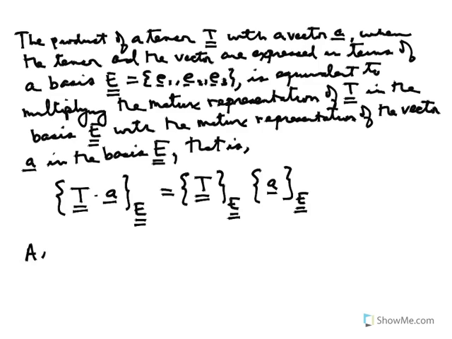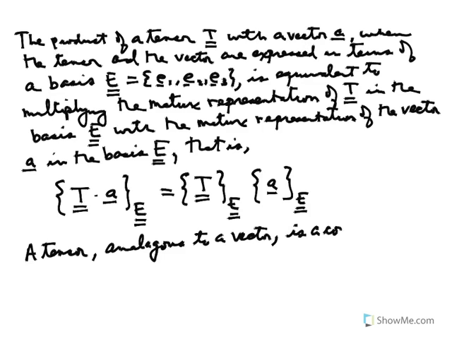A tensor, analogous to a vector, is a coordinate-free quantity. It's very important to understand that. It doesn't have anything to do with coordinate systems.